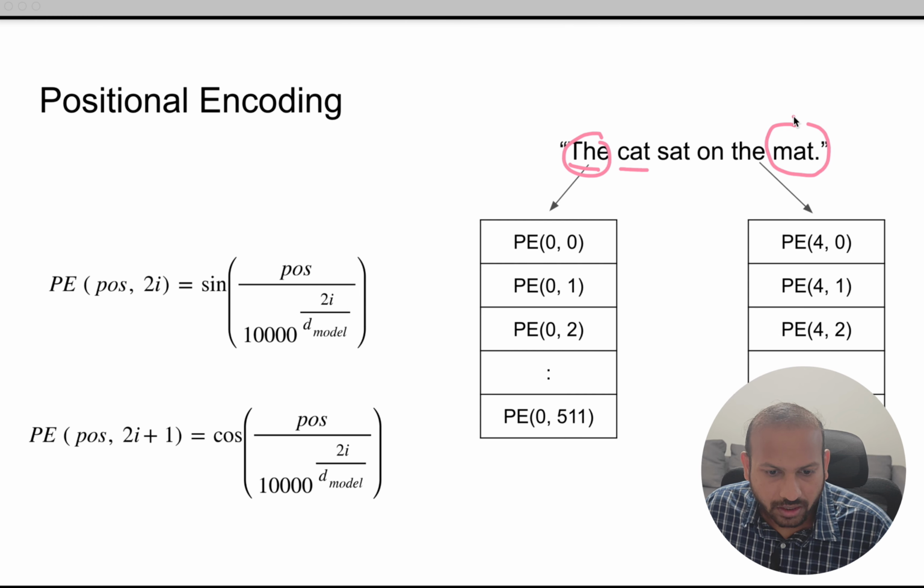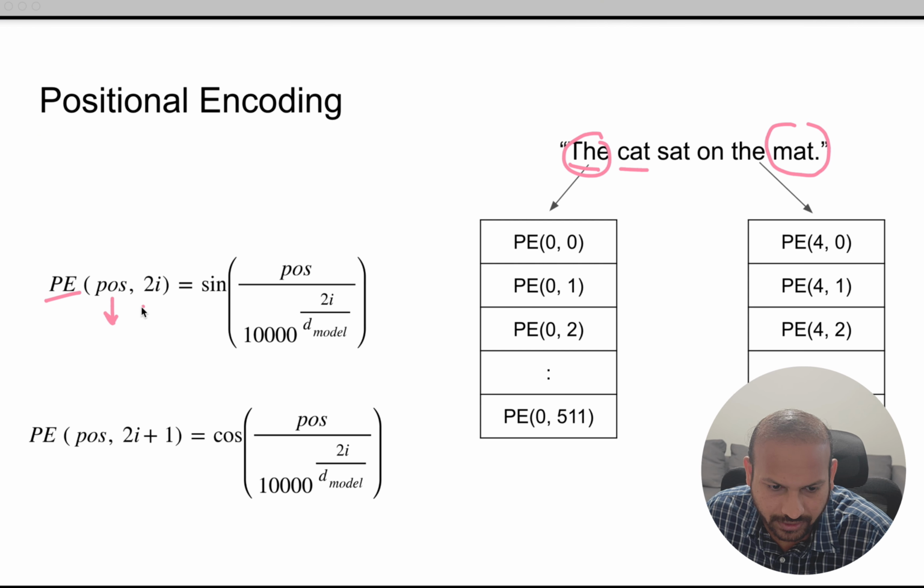Now these are the formulas that the authors have used. So let's try to understand this. So P stands for positional encoding. We have a position and we have an index. So this is the position. So what does position mean? Position means the position of the token in that sentence. So let's say this is the first token.